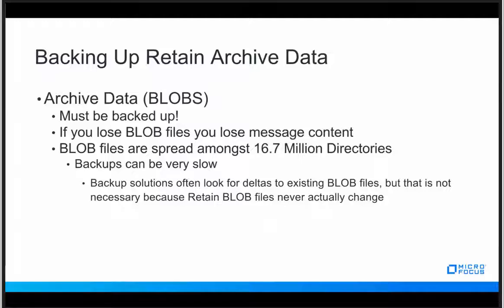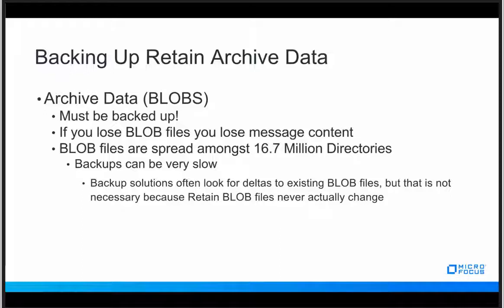And so to go back to United Bank, they spare no expense, quite frankly, for the systems that they've got. They've got incredible systems, but nonetheless, 16.7 million directories to iterate through just takes a long time.